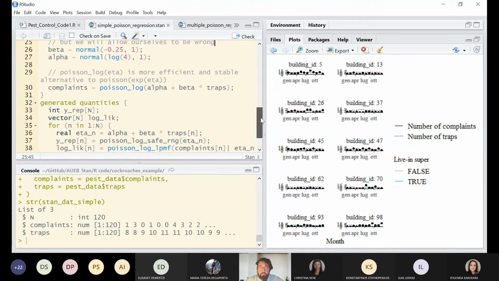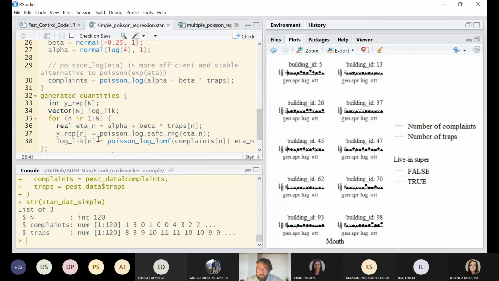Just do not focus for a while on line 38, because this is the pointwise log likelihood. This is for the end of the 2 hours. But on line 37, we are producing hypothetical replications, which are again defined according to the Poisson distribution.